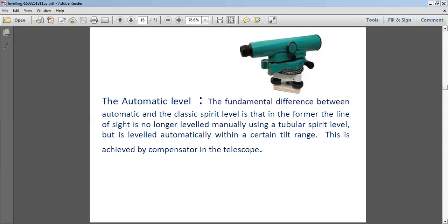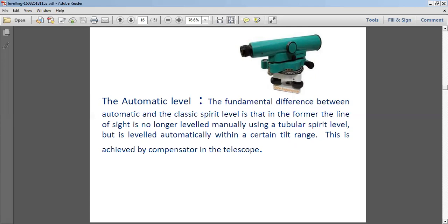So this is the automatic level, and we generally, or you can say mostly, use it in leveling work. The main advantage of this is that it provides clear and magnified pictures with a big zoom, so you can take readings up to long distances also. Next, leveling is so easy in this case.